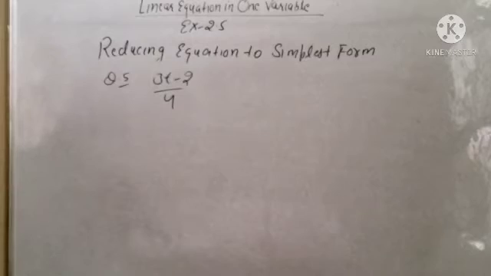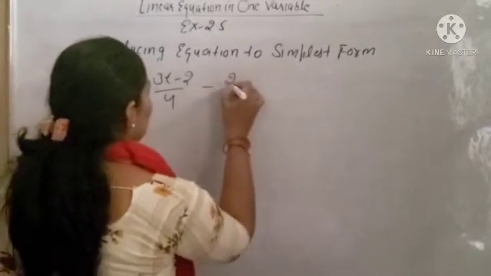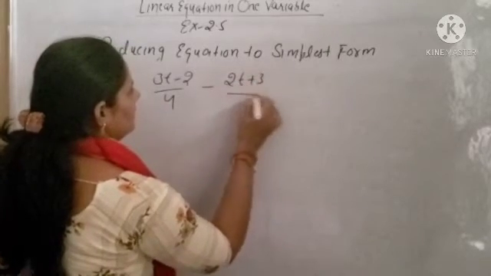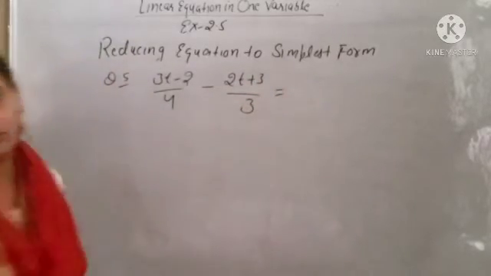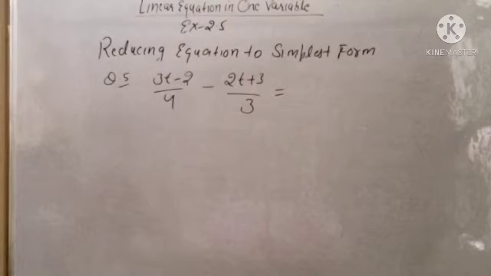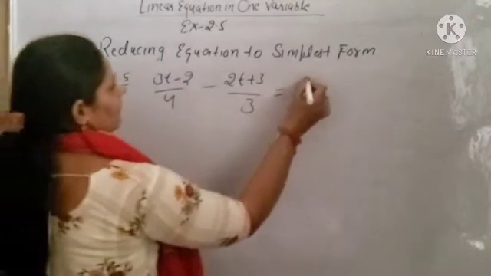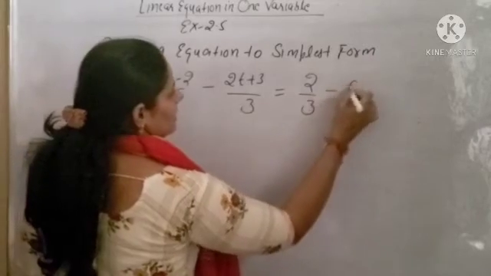Okay. Next. Minus (2t plus 3)/3 is equal to (2/3) minus t.